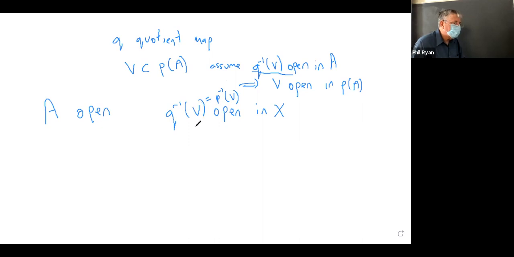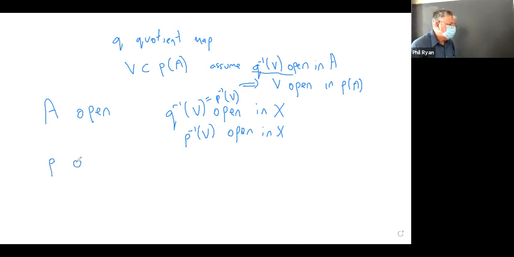So this means that P inverse of V is open in X, since they're the same set, right? So V is open in Y, and it's open in P of A, since P is a quotient map.